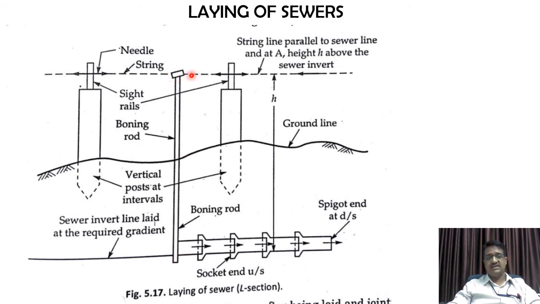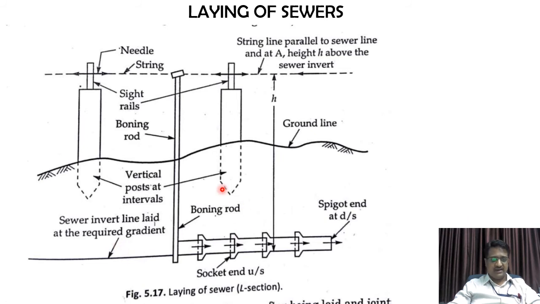Boning rod for this. Next we have a string line parallel to the sewer line, and at a height h above the sewer invert, that is, at a specified height you are going to have all these marks done. So once you put these up, the pipe which has already been jointed will be laid at the bottom, and the point at which the joint is to be done will be at a higher elevation.